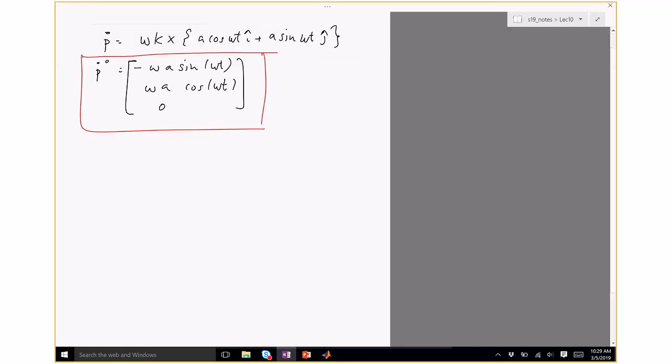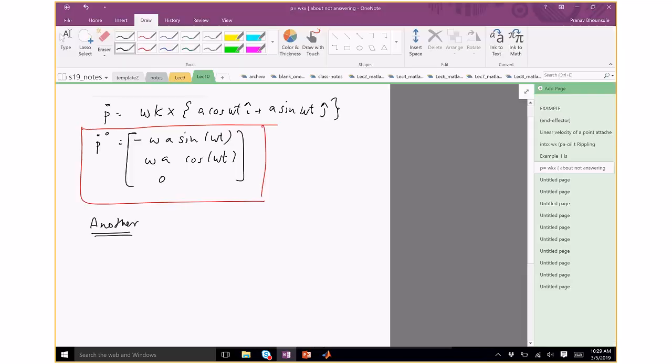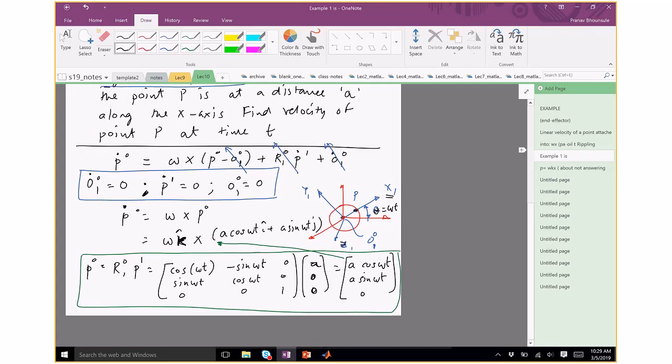Okay, there's another way to do this. Sometimes it's not easy to find omega as omega k, because in this case it's simply a rotation about the k-axis, but sometimes that's not the case, in which case you want to rather use the S formula.